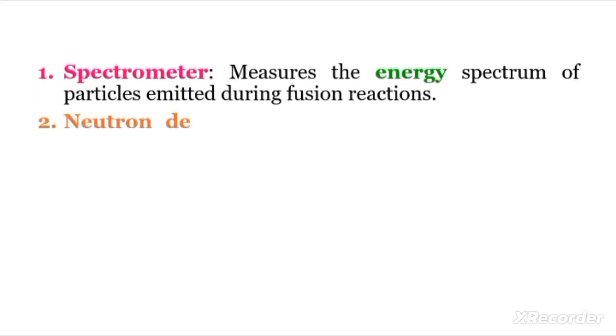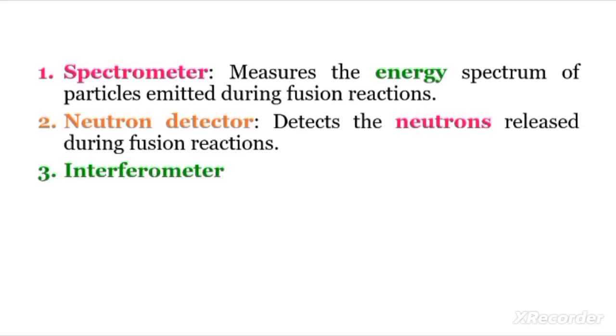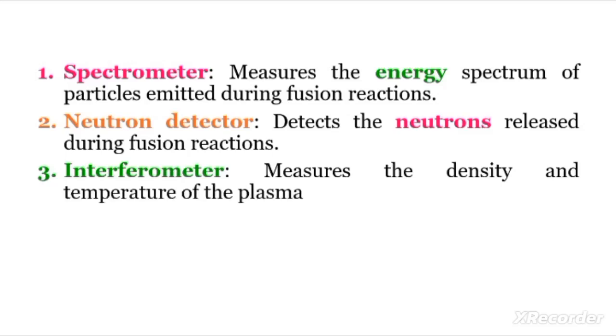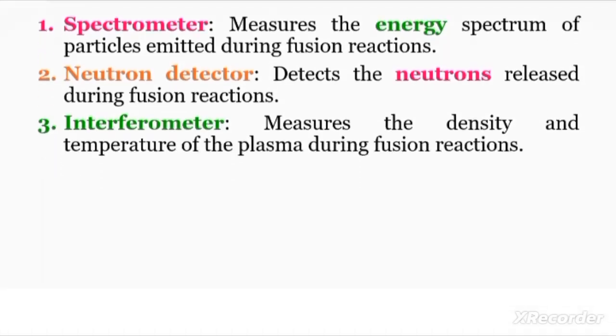Number 2, the neutron detector, which detects neutrons released during fusion reactions. Number 3, the interferometer, which measures the density and temperature of the plasma. These are some of the devices that we can use to measure nuclear radiation.